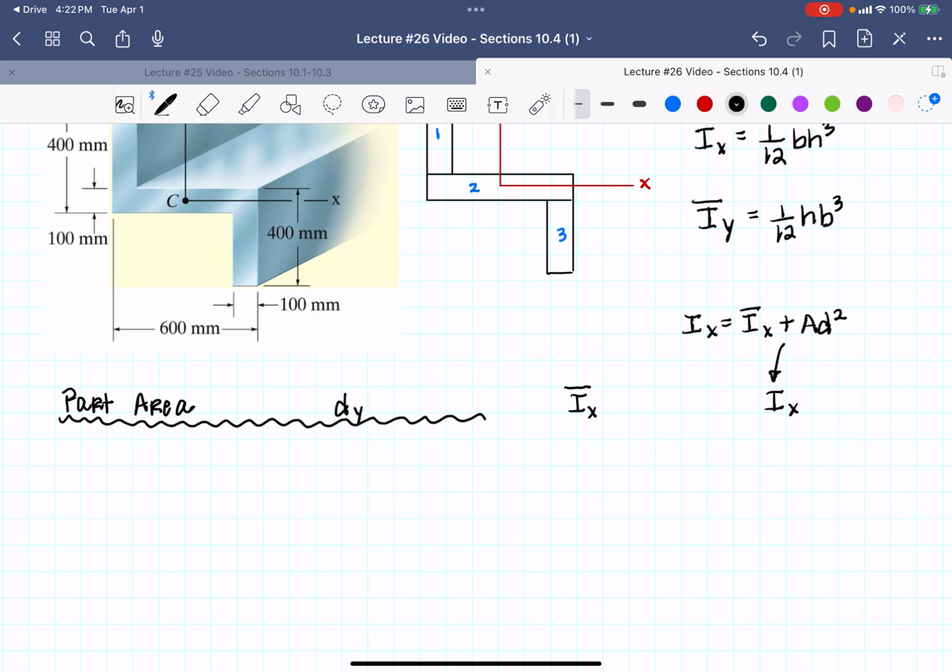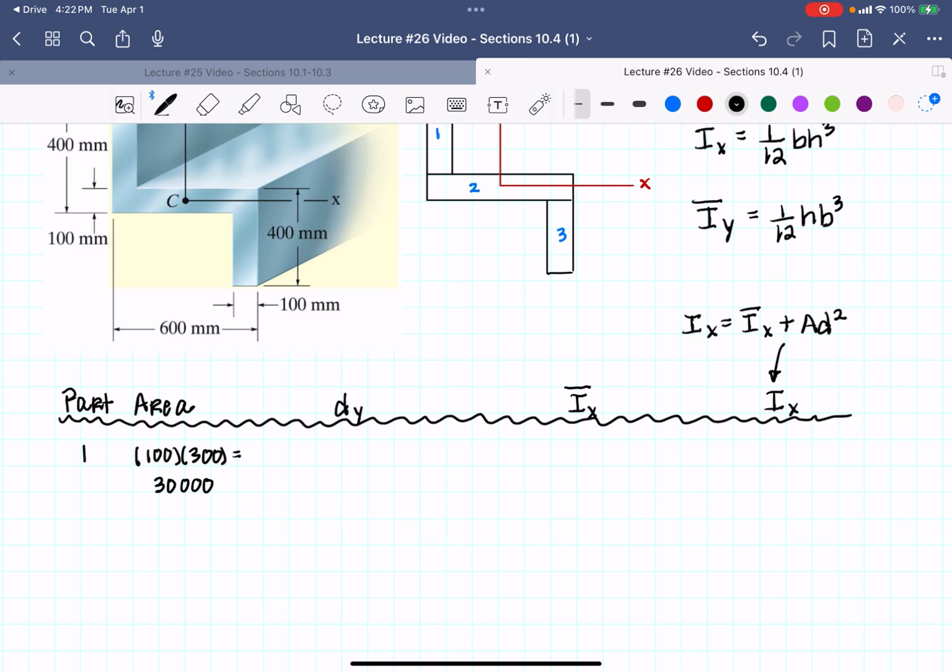So I'm going to calculate my I of X first. So I'm going to start with part number 1. Its area is 100 times 300, which equals 30,000. Its distance, so remember, this is the Y distance.